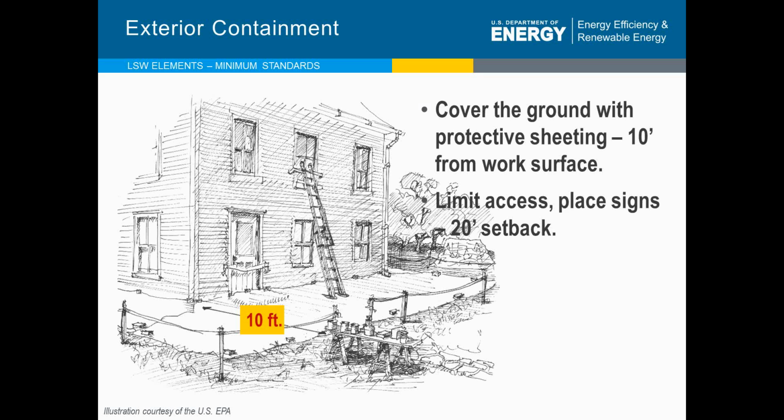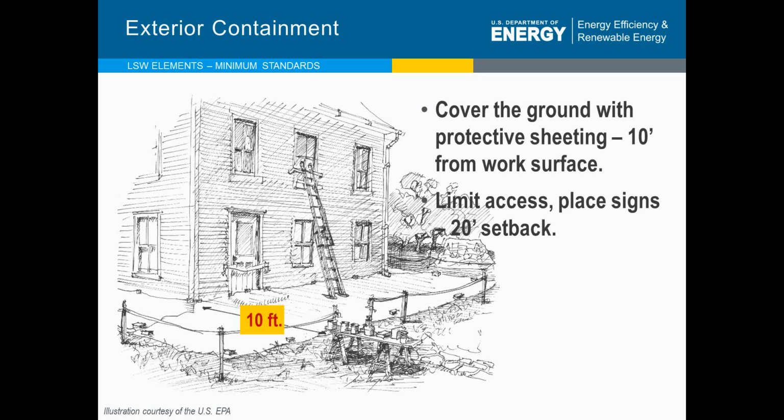Now, more specifically, on exterior, there are some numbers that we need to pay attention to from EPA, and it tells us that for exterior work, we need to cover the ground with protective sheathing 10 feet in all directions from the work surface, and that we have to, if it's possible, have a setback of 20 feet.